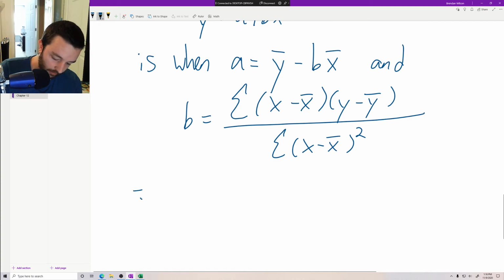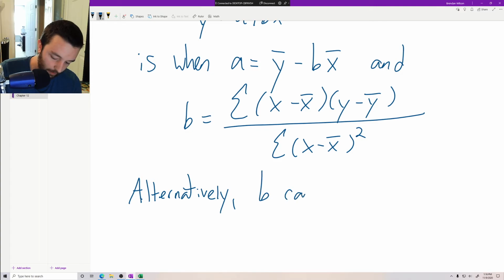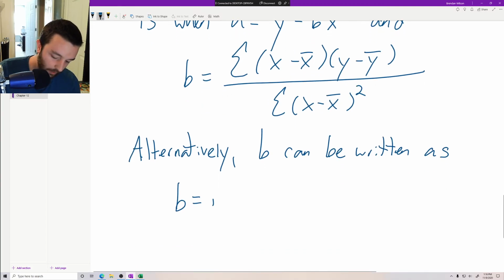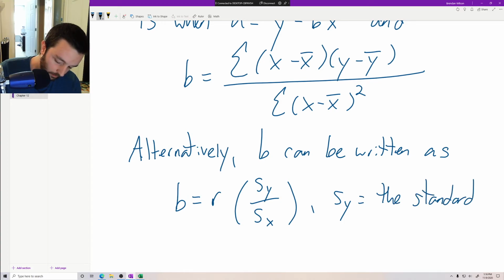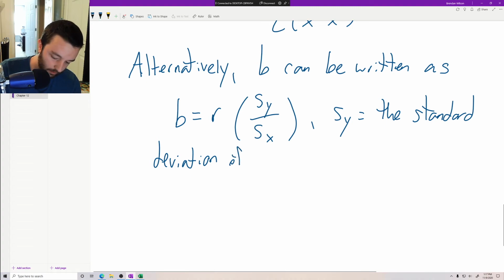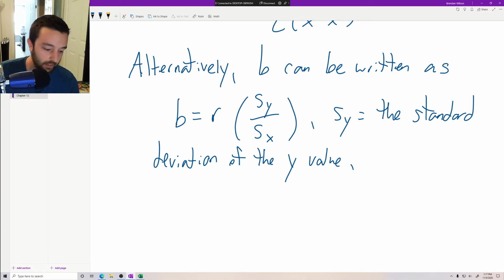So alternatively, b can be written as b equals r times s sub y divided by s sub x, where s sub y is the standard deviation of the y values. s sub x would be the standard deviation of the x values, of course.